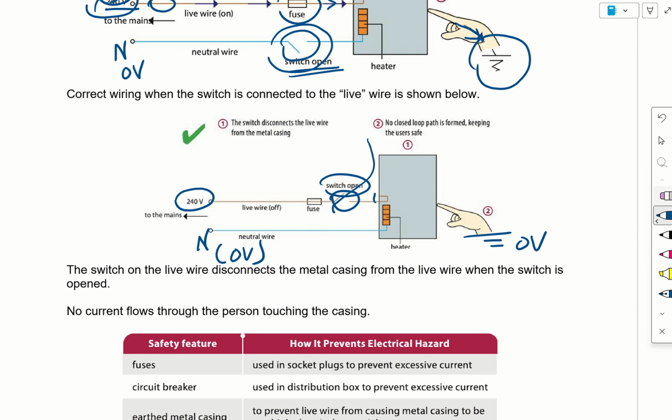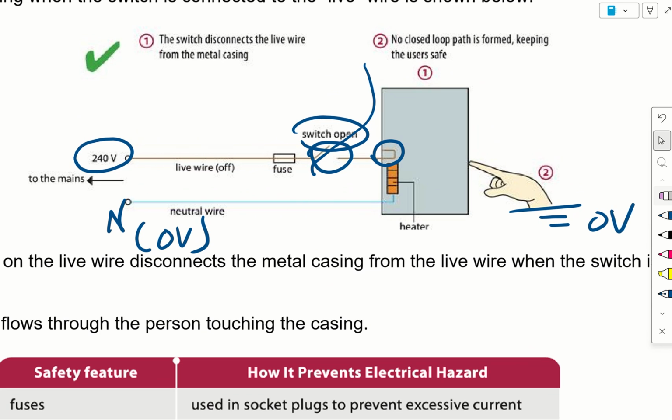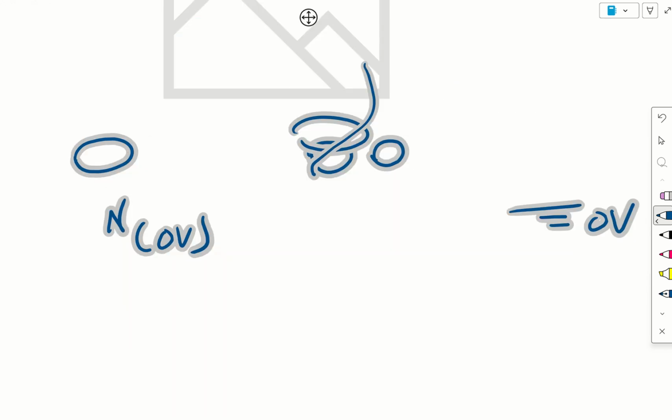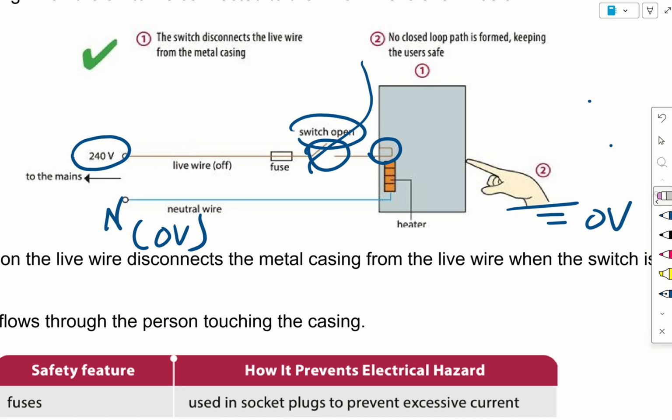And let's say now there's an electrical fault. Okay, the live wire touches the casing. Okay, and because there is this break in path over here, there's now a break in path over here. Okay, so this part will not be at a high potential because there is no path with the switch open.